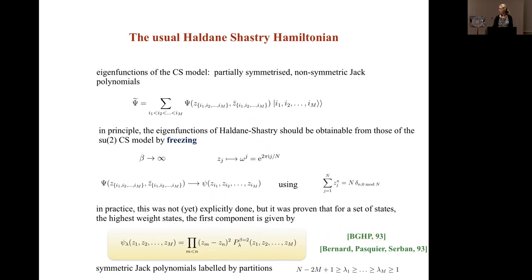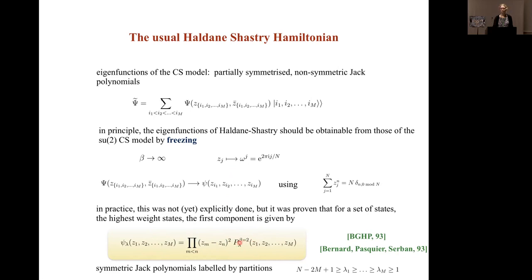These people, and also with my PhD advisors, it was proven that for example the first component, I1 to IM equal to 1 to M, these components of the wave function are given by, again, some prefactor, and then some Jack polynomial. Jack polynomials are symmetric polynomials in an arbitrary number of variables with some deformation parameter.